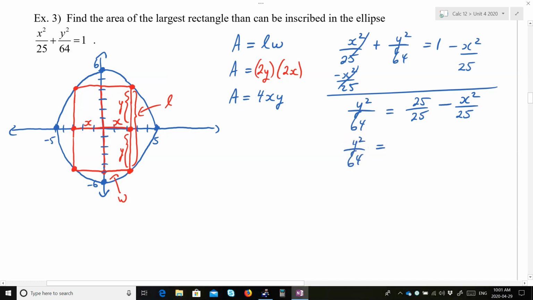So y squared over 64 is equal to (25 minus x squared) over 25. And then multiply both sides by 64. So y squared is equal to 64 is going to multiply onto the top.